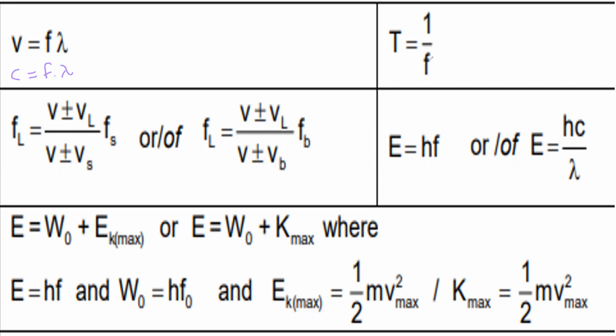Period equals 1 over f, and this is from the Doppler effect because they put them all together. E equals hf is equal to hc over lambda, and the work energy formula here, energy, work function, kinetic energy, and then the kinetic energy formula is also given. All right, all from the formula box.